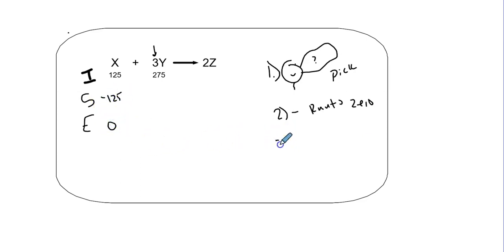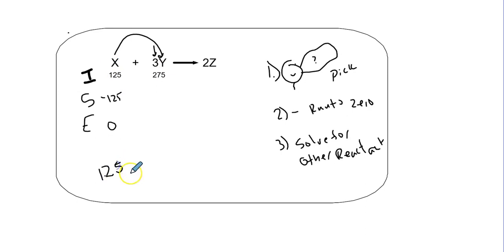And then step 3, just simply solve for the other reactant. Jump from here to here. Now again, that's a 3-to-1 ratio, so 125 X, get rid of X and go to Y, and it's a 1 to 3 ratio.